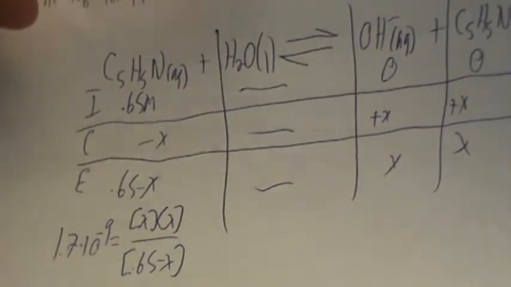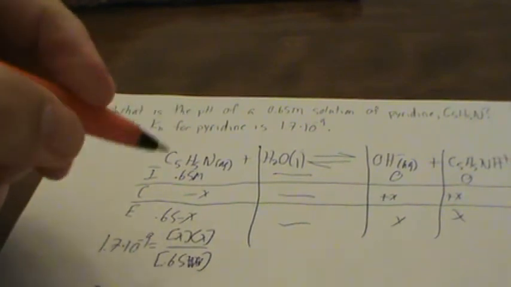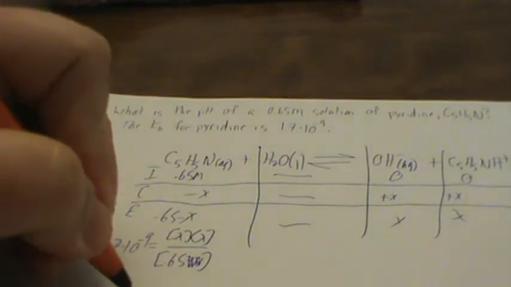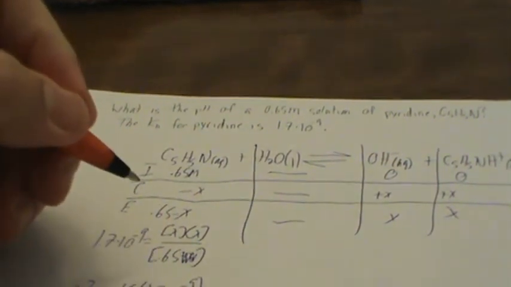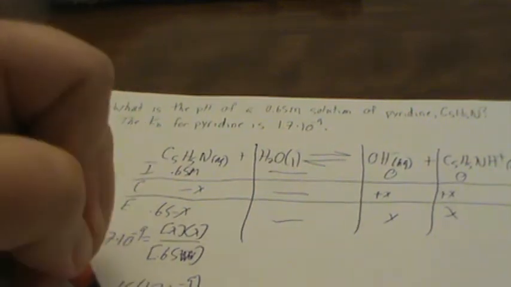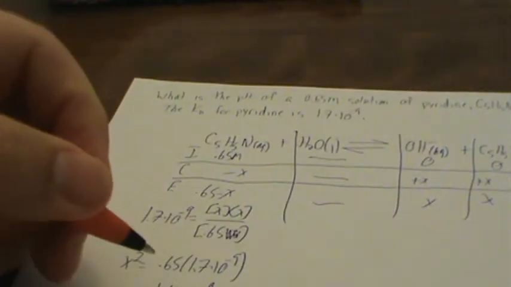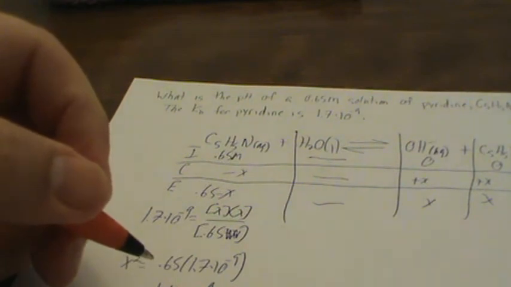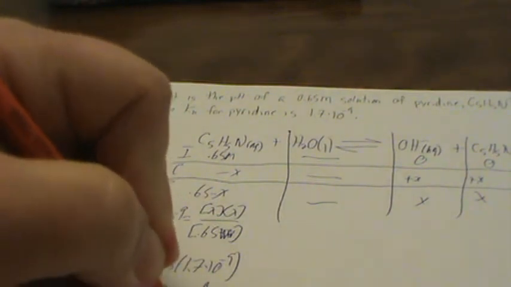Just like before, our Kb is a pretty small number, so we're going to negate that minus x. X squared is equal to 0.65 times 1.7 times 10 to the negative ninth, which comes to 1.11 times 10 to the negative ninth. So take the square root to find x. X is equal to 3.32 times 10 to the negative fifth.